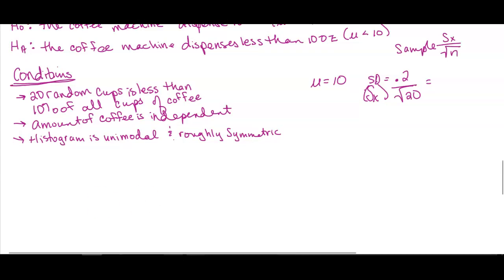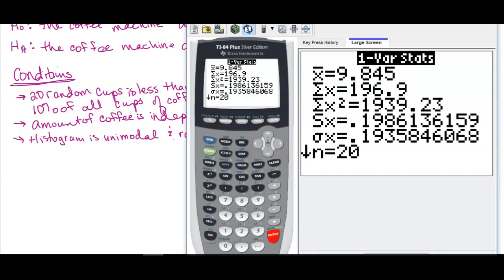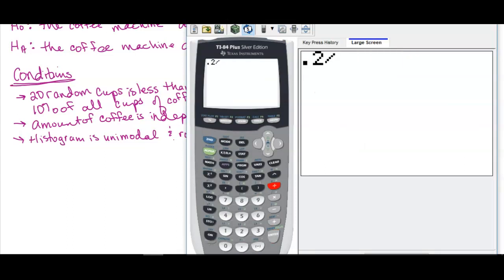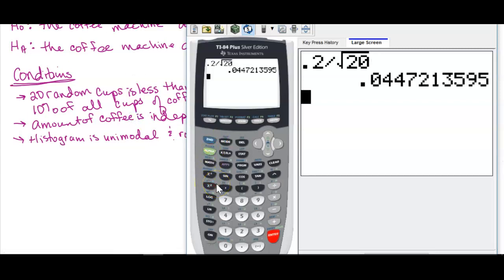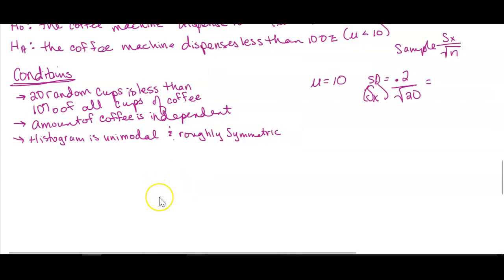So we're going to do 0.2 divided by the square root of 20, and so it's 0.045. Okay, so 0.045, that's what we have to use. Don't forget that step, and remember that's part of what the formula says.